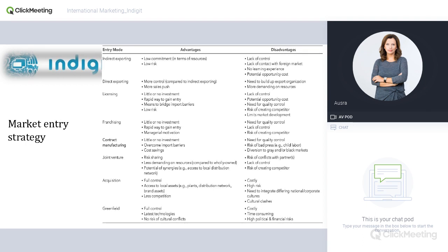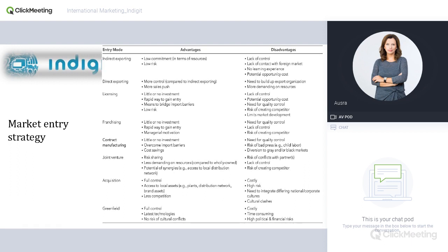There are several modes of entry: indirect exporting, direct exporting, licensing, franchising, contract manufacturing, joint venture, acquisition, or even greenfield. The SME should take into account the advantages and disadvantages of every mode and select the most relevant one.